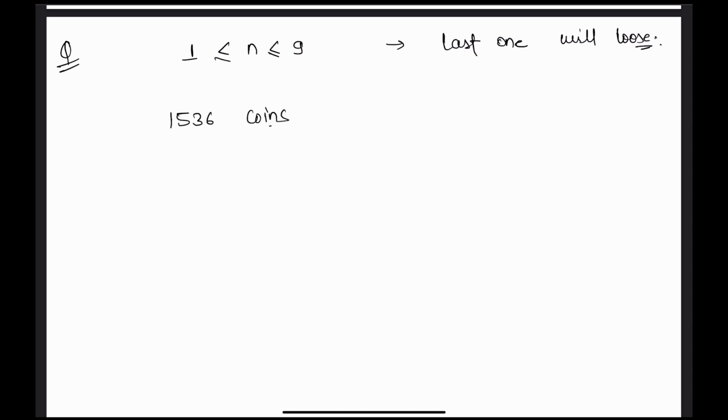Okay, so in continuation of the same one, if a person can choose between 1 to 9, and again the condition is the same: the person who picks the last one will lose, or last pick will lose. So this is the condition, and there are a total of 1536 coins on the table, and two people, A and B, are playing.